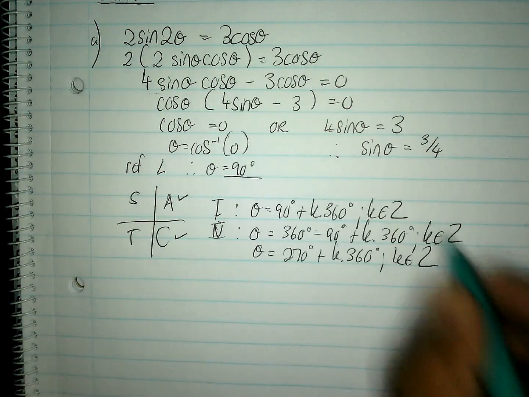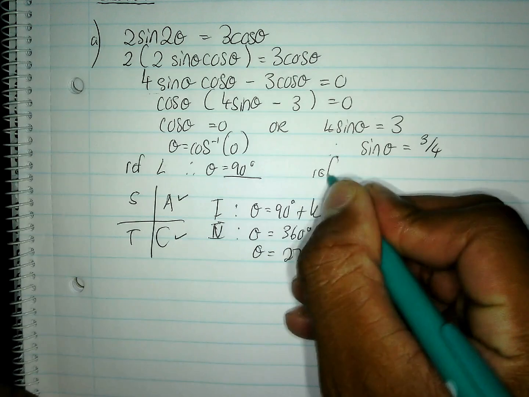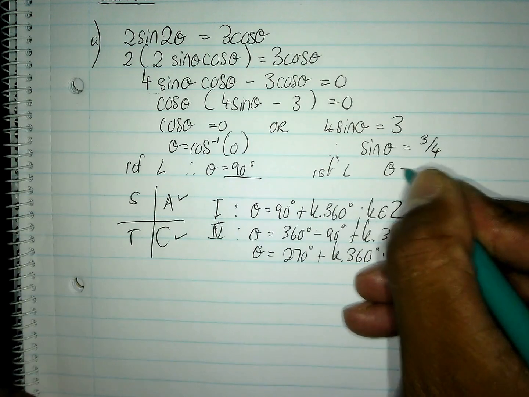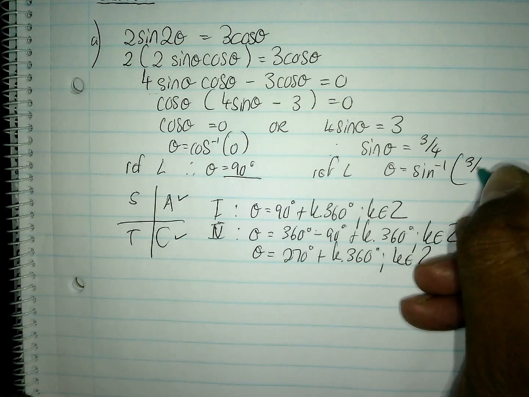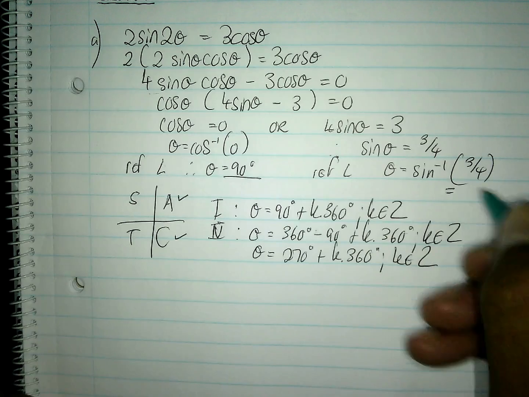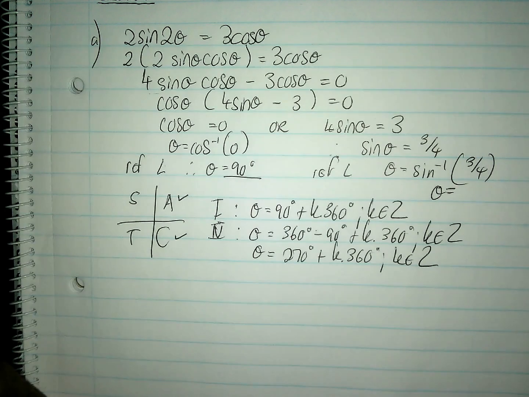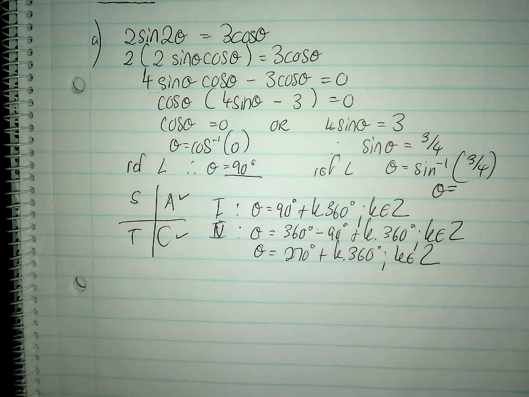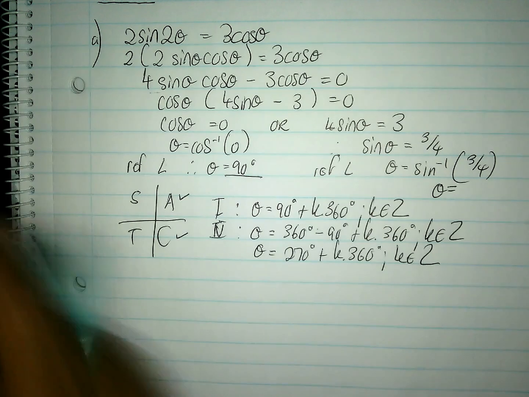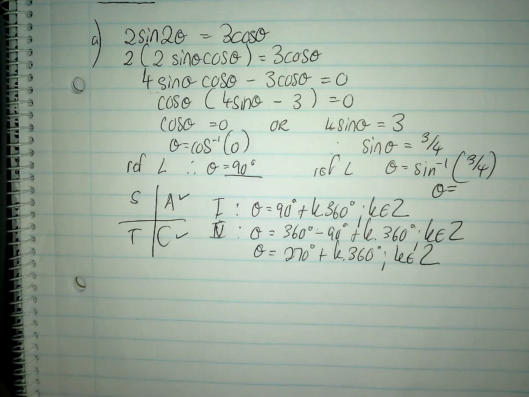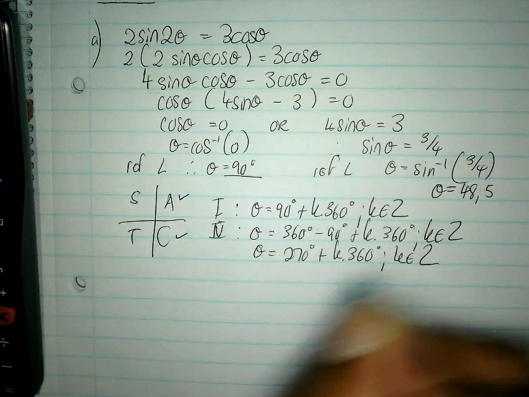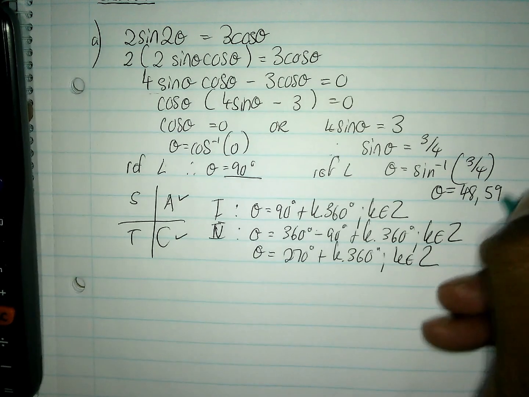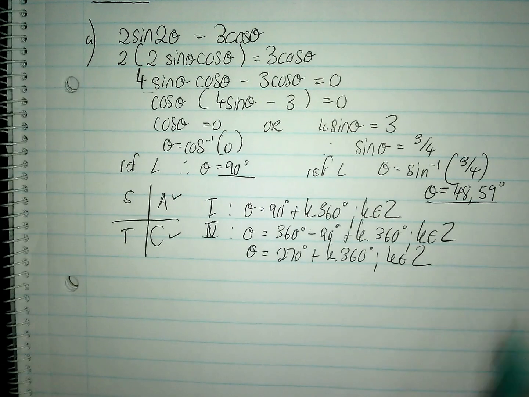Then for this one, for your ref angle, theta equals shift sine negative 1 of 3 over 4, so the ref angle is shift sine 3 over 4, which is going to be 48.59 degrees. So this is going to be the ref angle of sine.